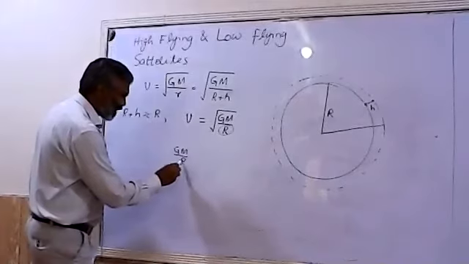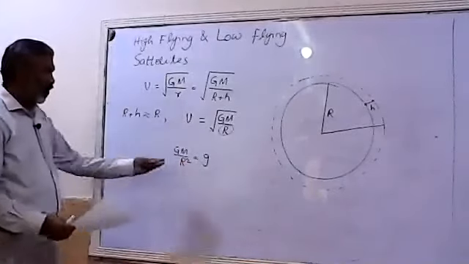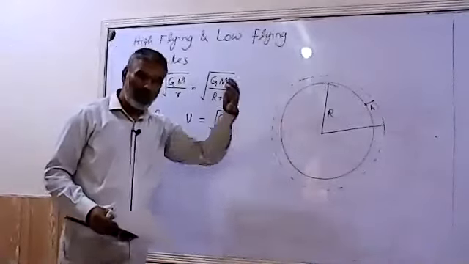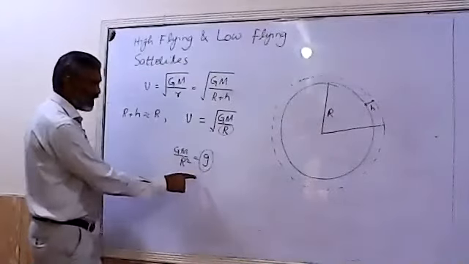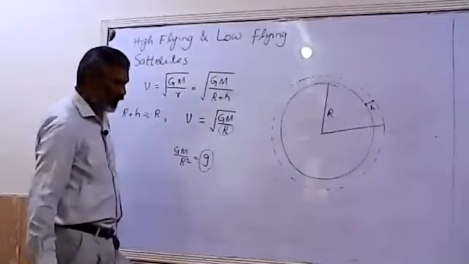And one more change that we expect is that this GM, we know already that GM over r square is equal to g. For all objects close to the surface of the Earth or on the surface of the Earth, this value, which we know as 9.81, is equal to GM over r square.